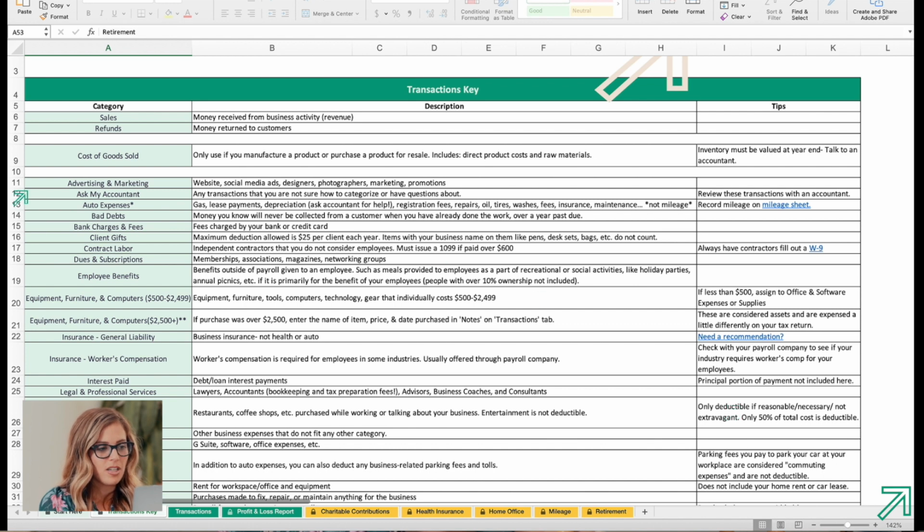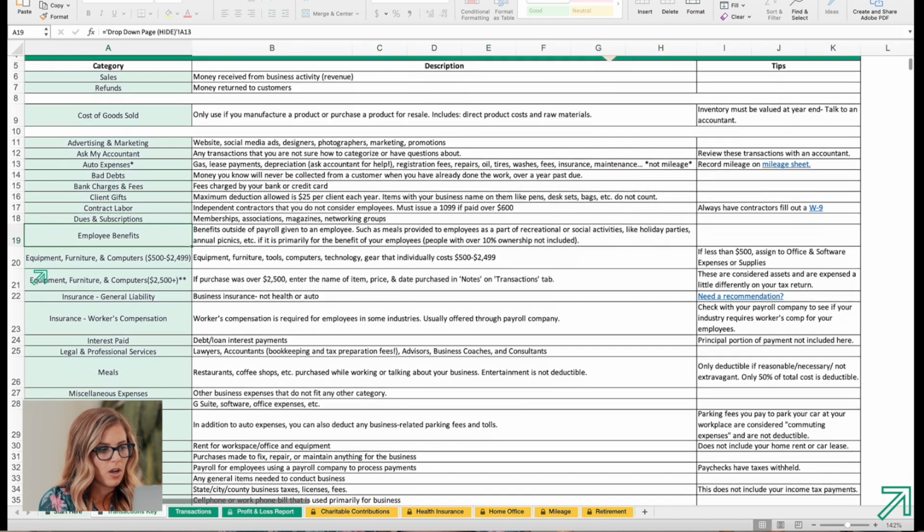One of the categories you'll see is called Ask My Accountant. That's something you can use whenever you're stuck with a transaction and you're not sure how to categorize it. You can always put it here. And then we've got some that you're probably not familiar with, like bad debt. Bad debt is for anything that's over a year past due that you want to deduct because you're never going to get paid, but you did the work already.